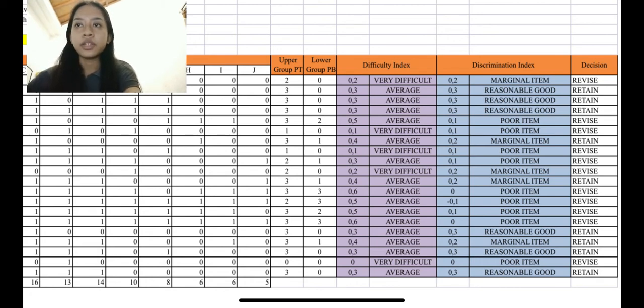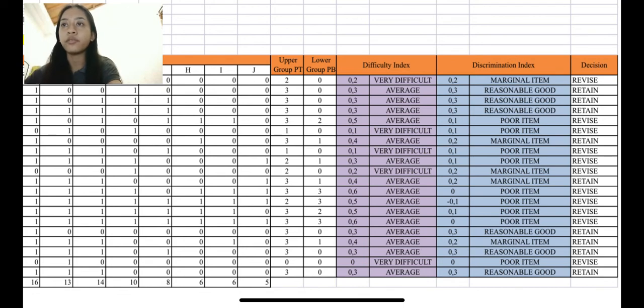And item number 7, it is included to be average because the difficulty index is 0.4 and the discrimination index is 0.2, so it is included to be a marginal item. So the decision we should do is to retain it. And then the next item is item number 8.